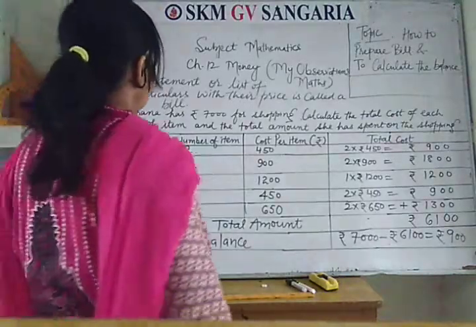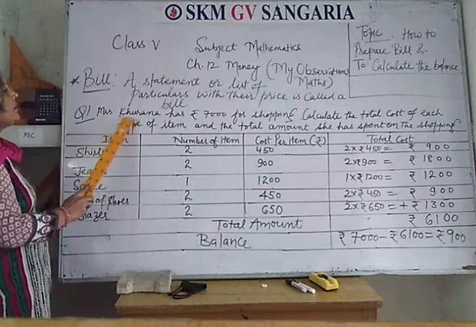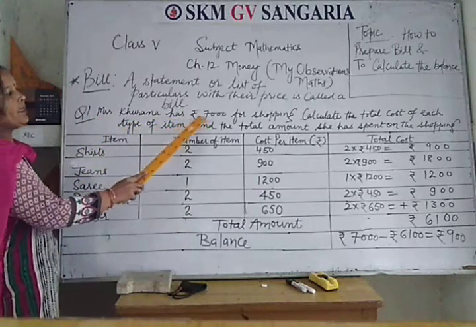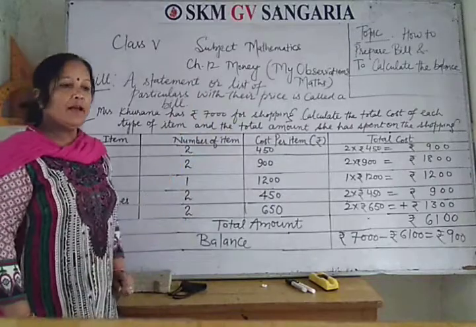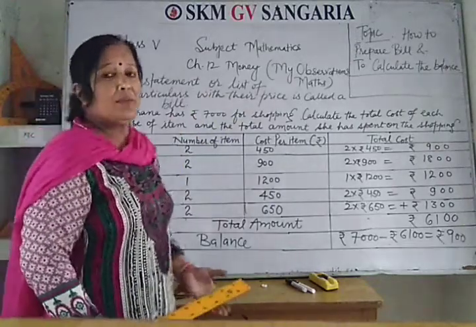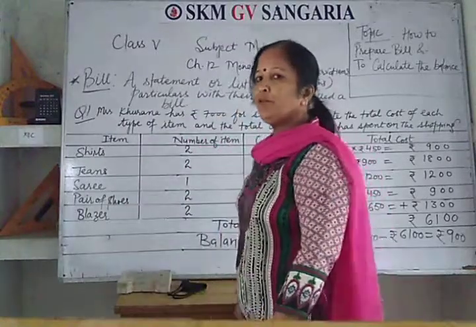The question is: Mrs. Khurana has rupees 7,000 for shopping. Sometimes when your parents go for shopping they keep money with them.